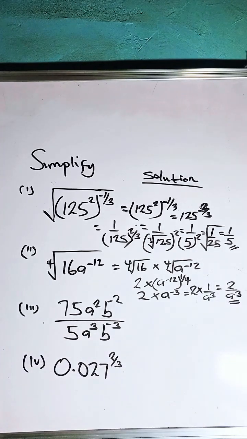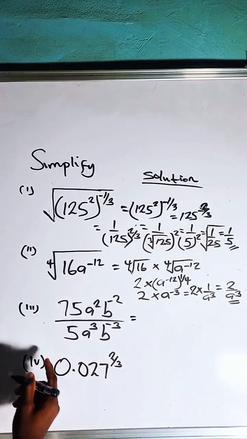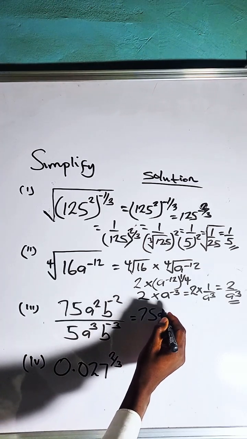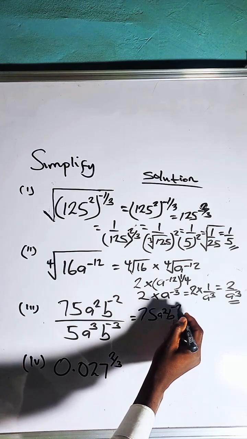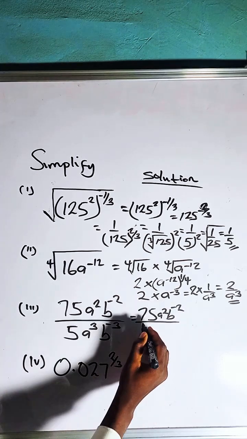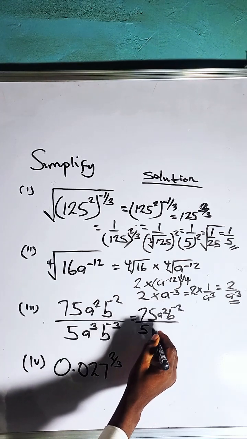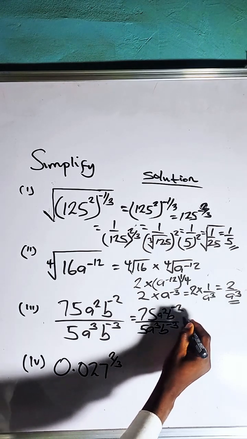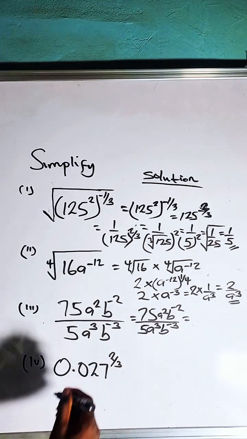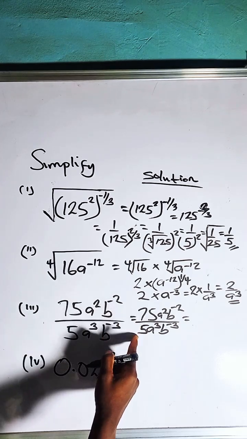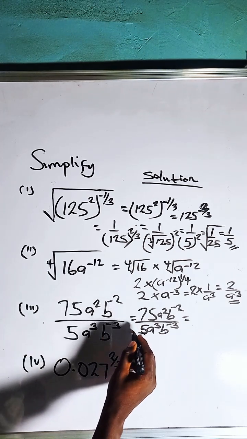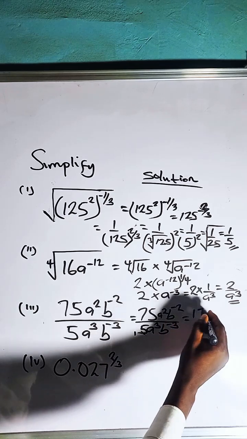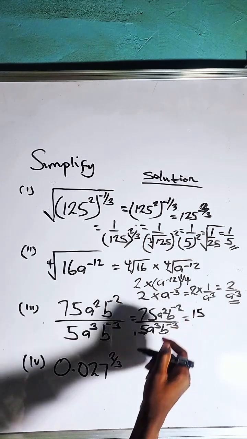For the third expression, we have 75 a squared b raised to the power minus 2, over 5 a cubed b raised to the power minus 3. So we simplify. We reduce 5 in 5 to be 1, and 5 in 75 to be 15.